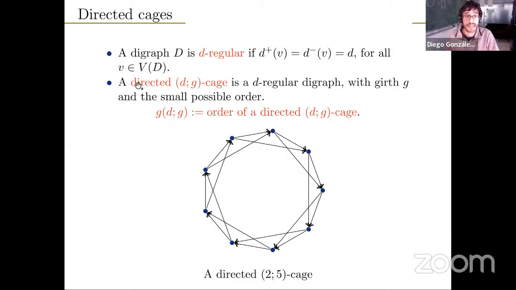A directed DG cage is a D-regular digraph with girth G and the smallest possible order. We are going to use n of D,G to denote the order of a DG cage. For example, here we have a 2,5 directed cage. Every vertex is 2-regular, has 2 outgoing arcs and 2 incoming arcs, and you can see that the length of a shortest cycle is 5.